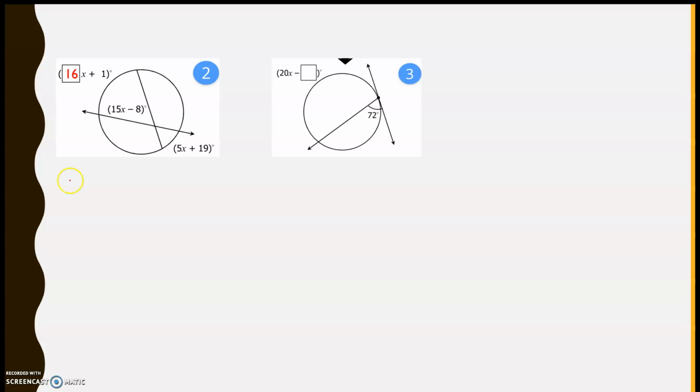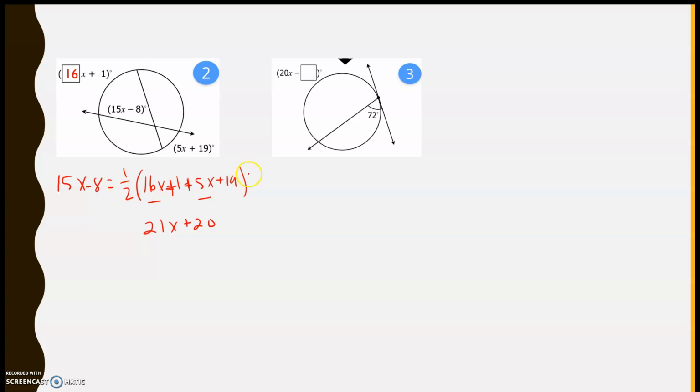So I'm going to get my inside angle, 15x minus 8, is equal to 1/2 of the two arcs that it makes. So it's going to be 1/2 of 16x plus 1 plus 5x plus 19. And if I combine like terms, 16x plus 5x is going to give me 21x plus 20.